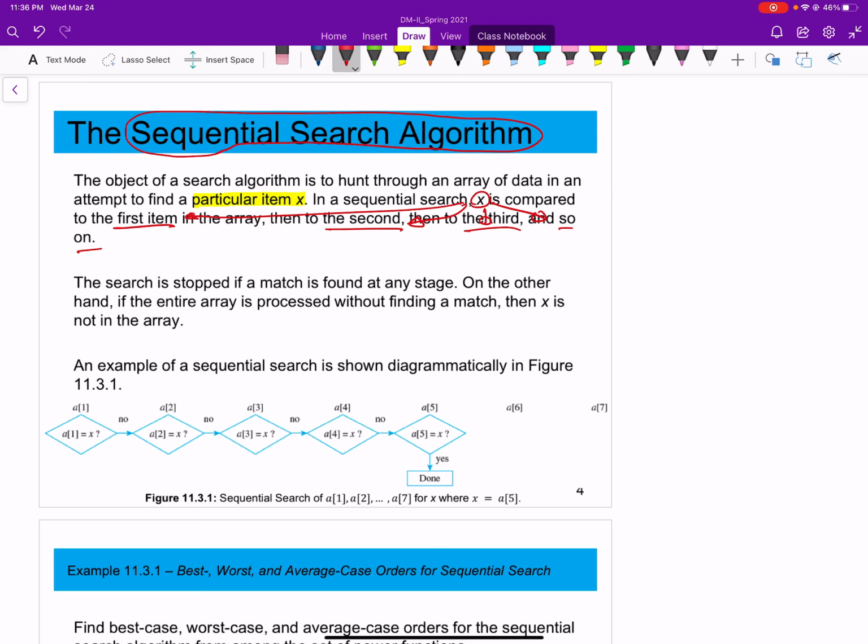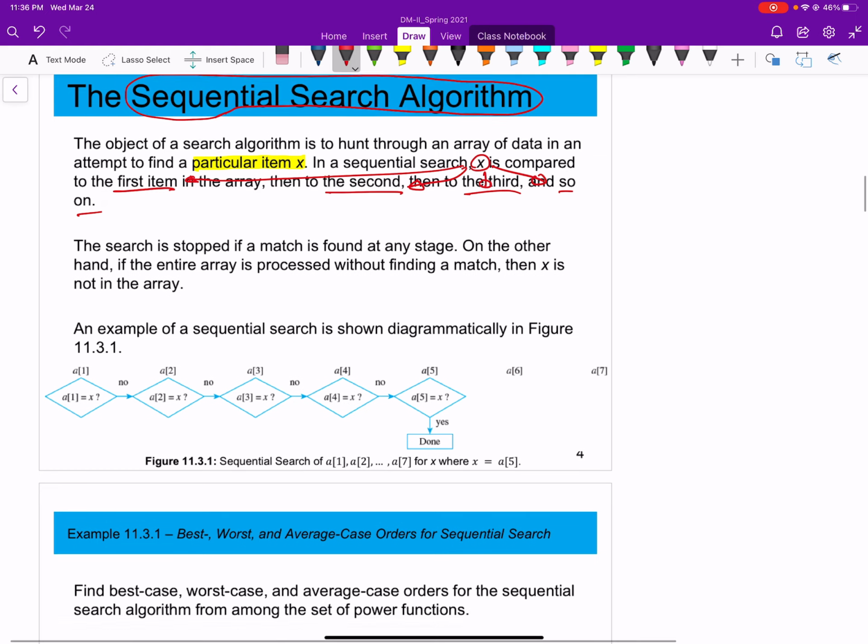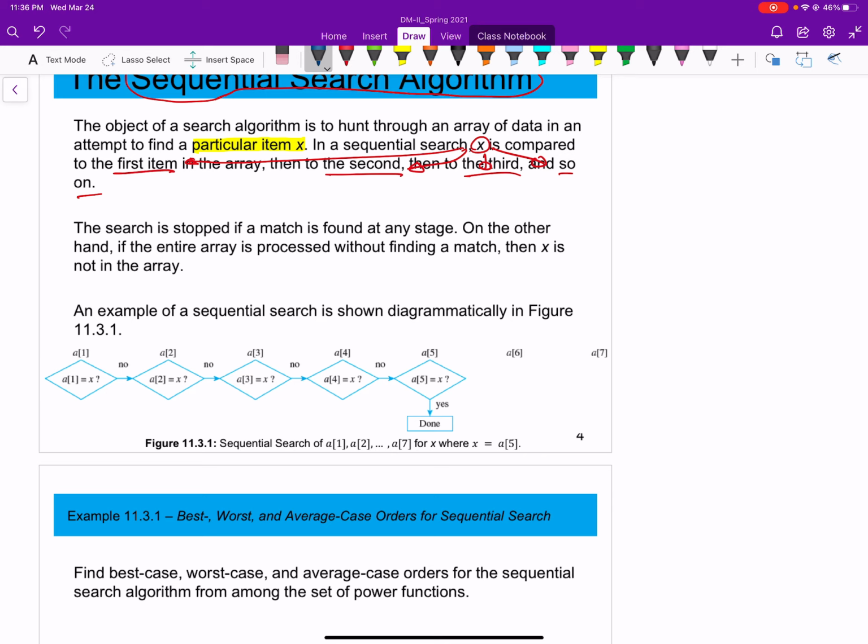Such algorithms are called sequential search algorithms. The search is stopped if a match is found at any stage. On the other hand, if the entire array is processed without finding a match, then X is not in the array.